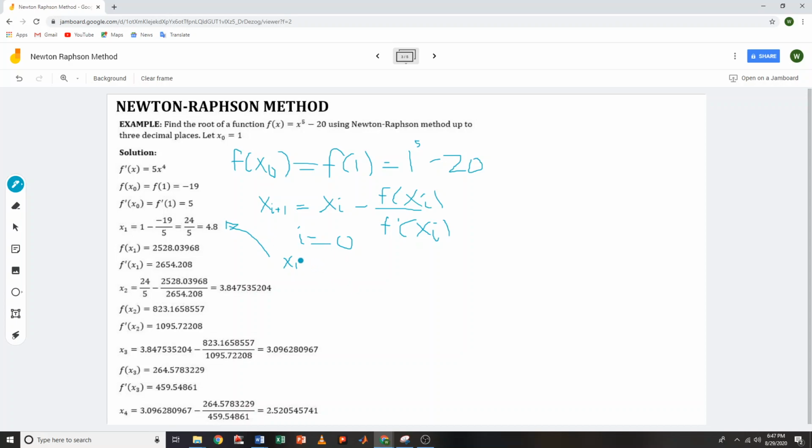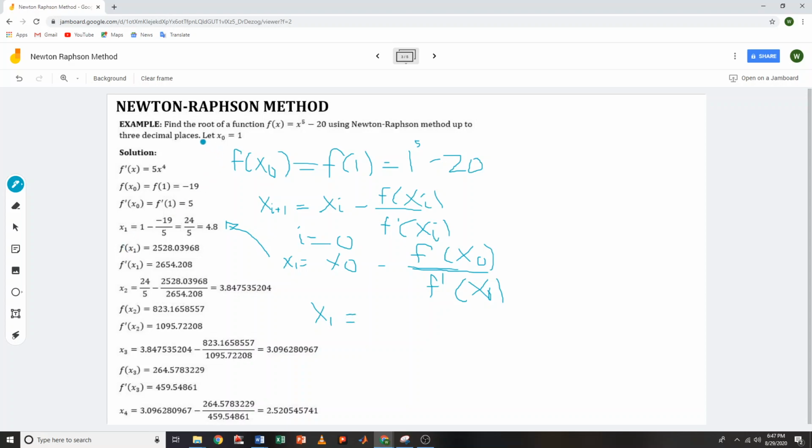So x1 equals x0, what is x0? 1. So x0 minus f of x0 all over f prime of x0.